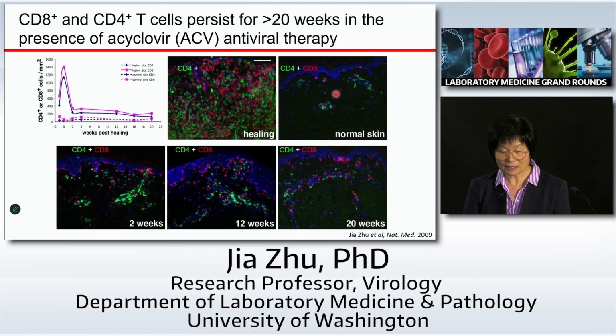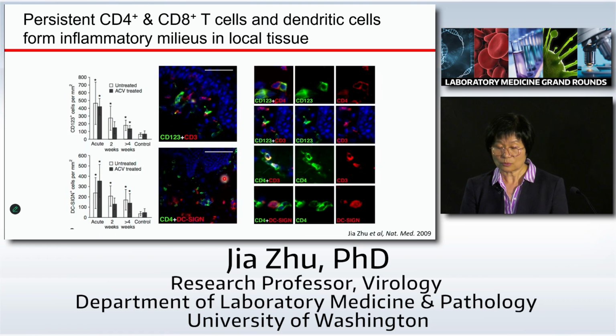And CD8 T cells line up at the dermal-epidermal junction, while the CD4 T cells are in the epidermis and near blood vessels. And we realized these persisting CD4 and CD8 T cells form immune clusters with dendritic cells, including the plasmacytoid dendritic cells and the DC-SIGN positive dendritic cells.